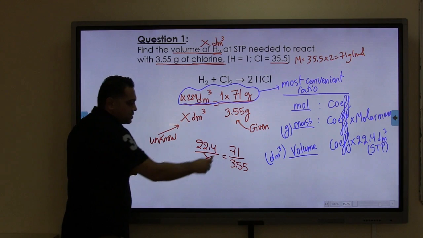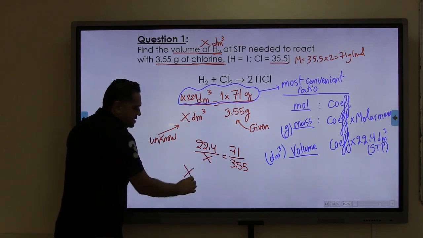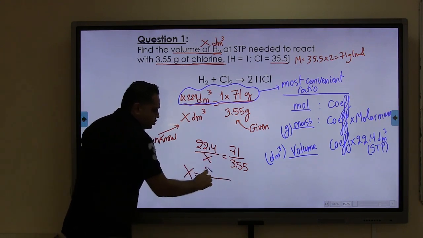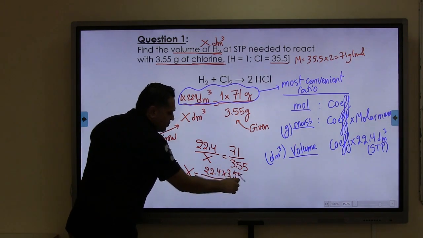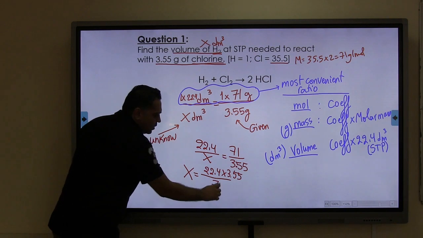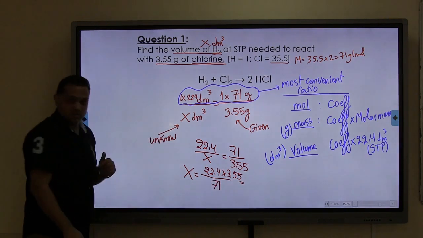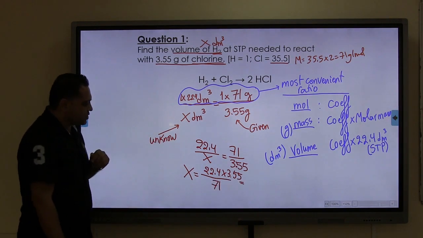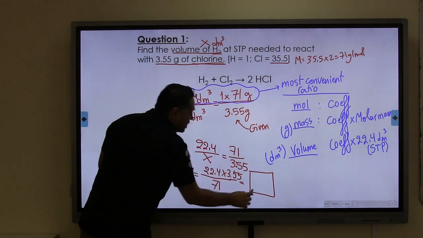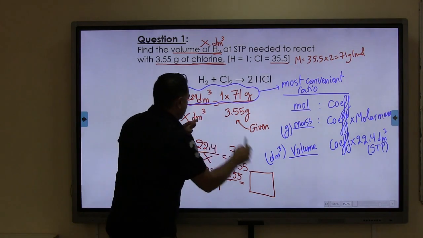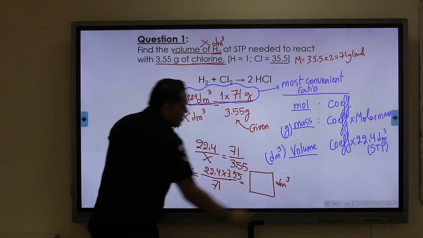I can just cross multiply. x is equal to 22.4 times 3.55 divided by 71, and then we can find the answer. Of course, we need to pay attention to the significant figures when I find the answer, and the answer will be in decimeter cube.